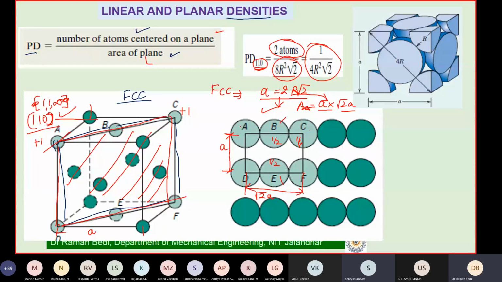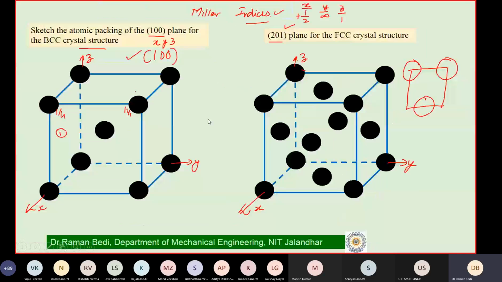What is the value of lattice constant A for the FCC crystal structure in terms of atomic radius? Your voice is breaking. Anyone else can answer it for me? Yes, sir, 2 root 2 R. Yes, A happens to be, I've already written here, 2 root 2 times the atomic radius.